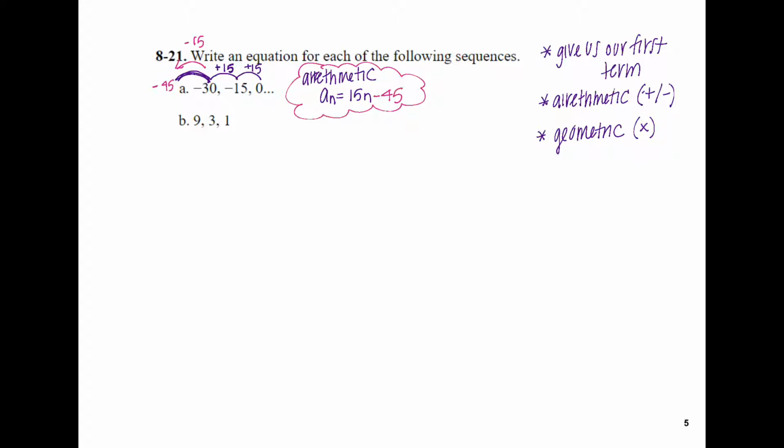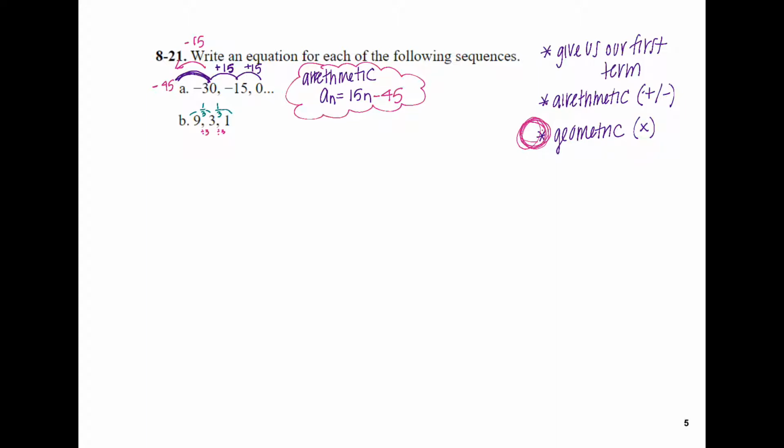Looking at letter B, to go from 9 to 3, my first instinct is that it divides by 3, and 3 divided by 3 is equal to 1. However, when I'm writing a geometric sequence, it has to be written using a multiplier. So dividing by 3 is the exact same thing as multiplying by 1/3.